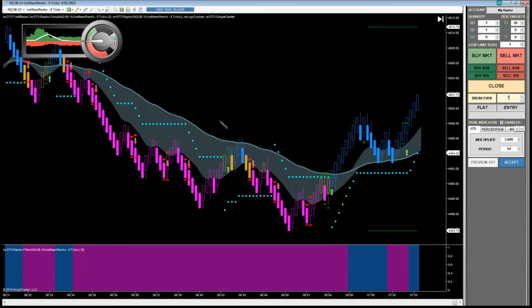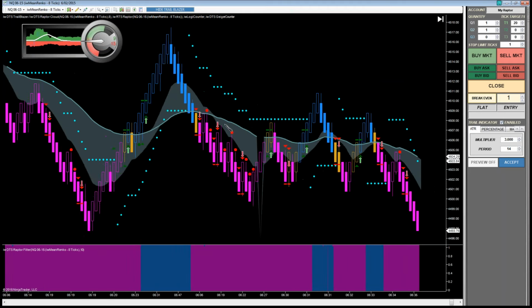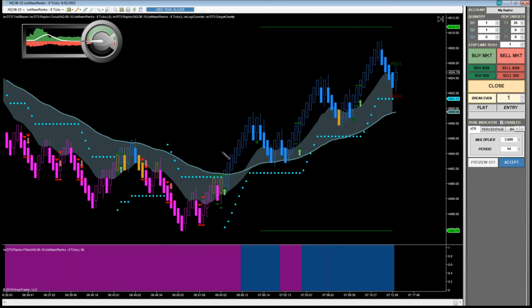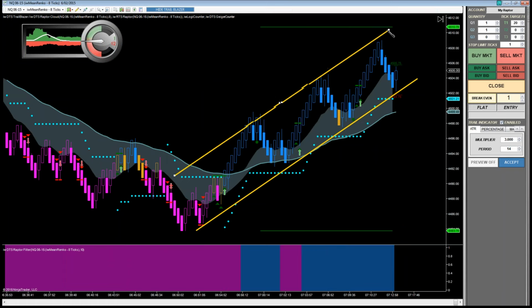You can also look at this chart the way it is, see how we're making a pretty big downtrend? This may look a little bit like a bear flag, this tight little advancing channel that we have.